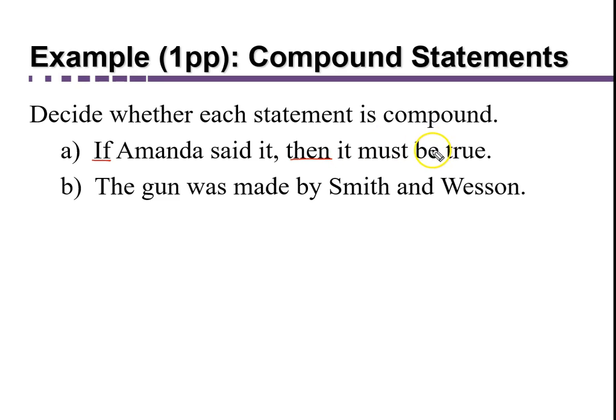So this is a compound statement. In letter B, the gun was made by Smith & Wesson. Here the connective "and" just connects two people or two names of a company. So this is not a compound statement.